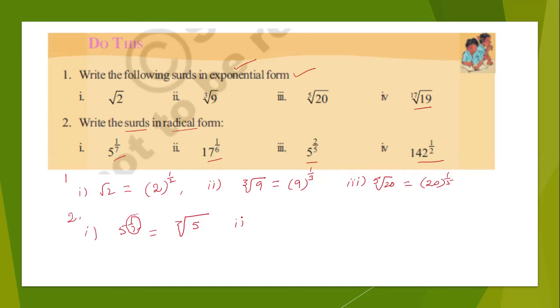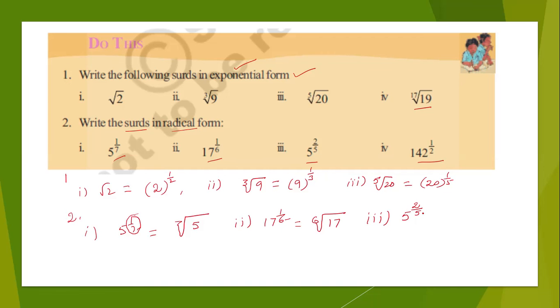What about the second one? 17 to the power of 1 by 6. You may write this like this: what is the denominator in the exponent? 6. So you write the 6th root of 17. What about the third one? What is given? 5 to the power of 2 by 5.